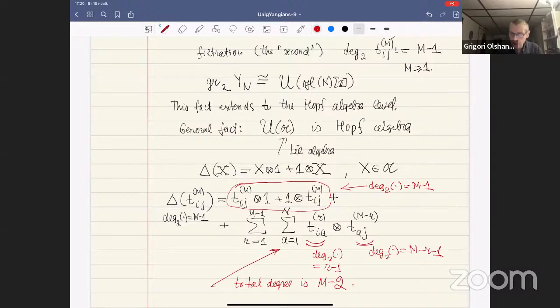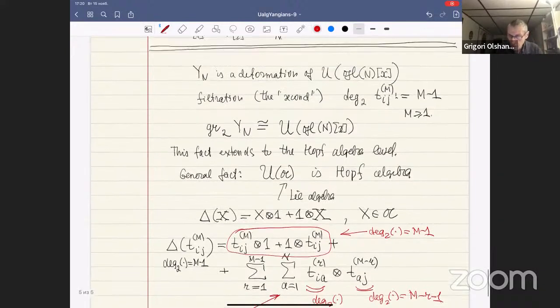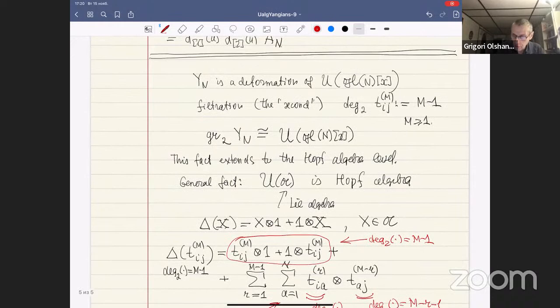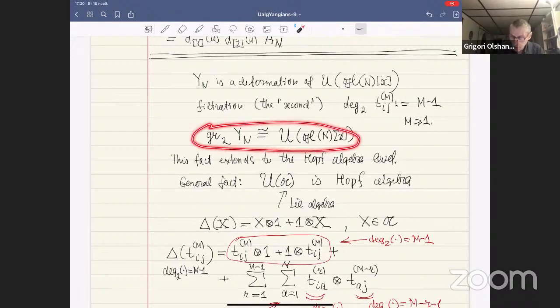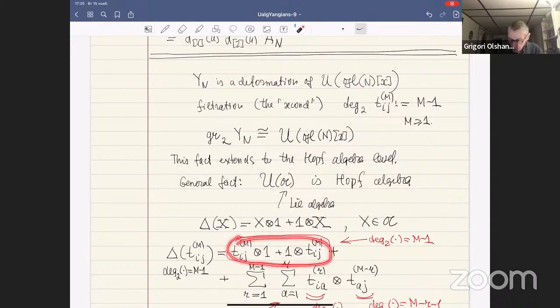In this sense, we see that the Hopf structure after this procedure becomes commutative because we get this, which is similar to this.